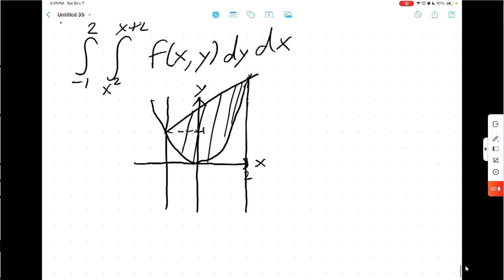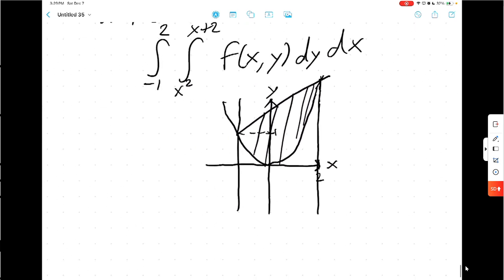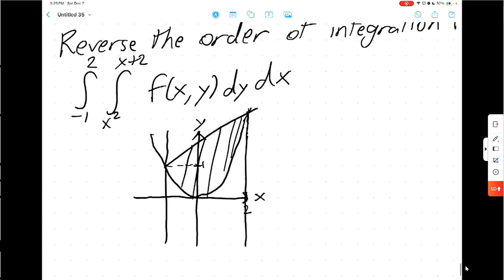And what it's asking us to do is to reorder this, so we need to have the x first. This means we're going to have two separate integrals. One between the 0 and the 1, where it's going from one side of the parabola to the other side of the parabola. And one from 1 to wherever this intersects.